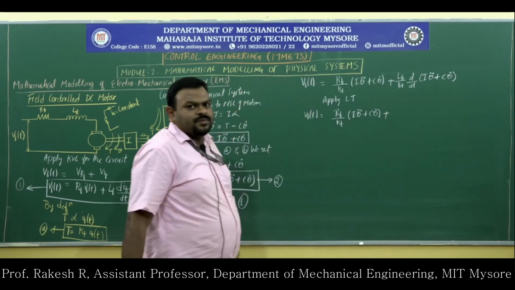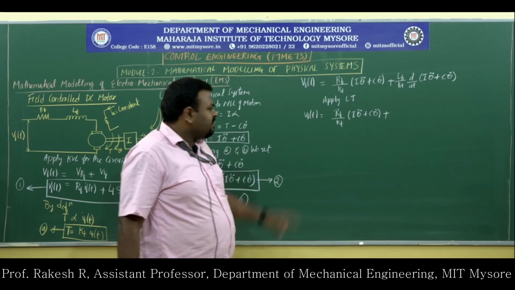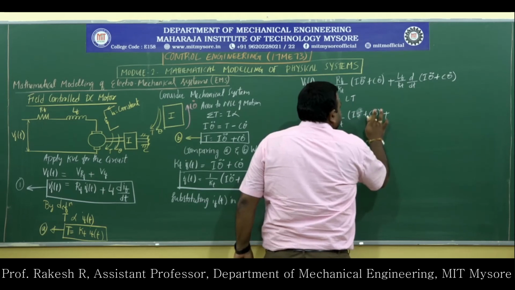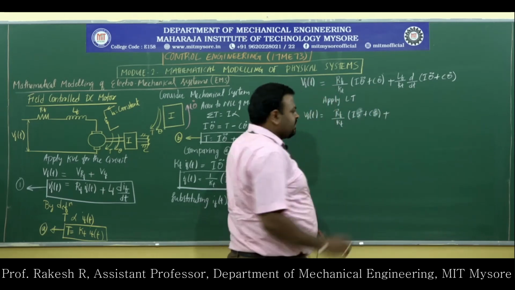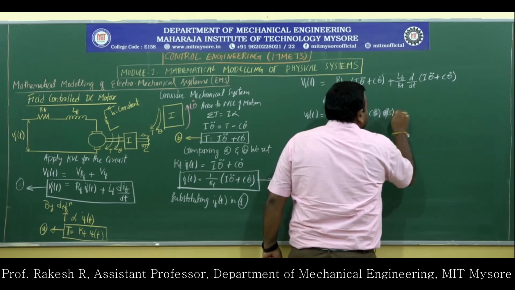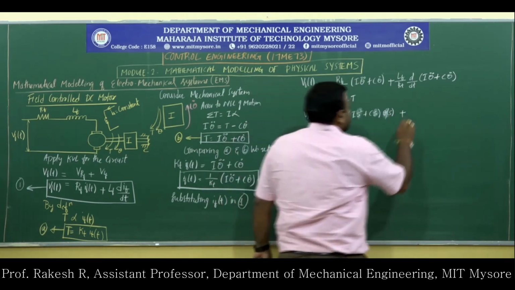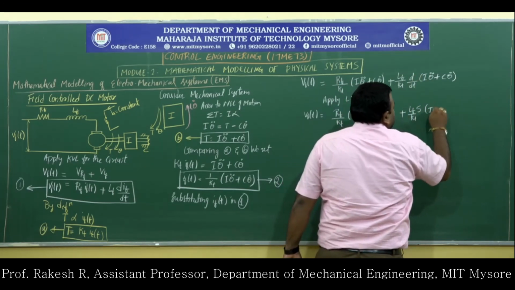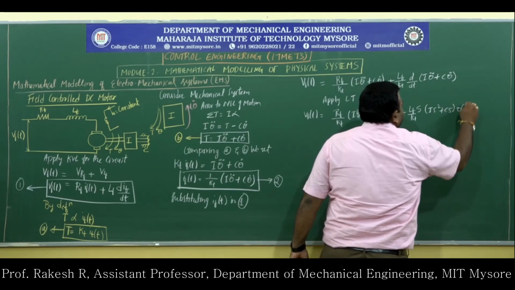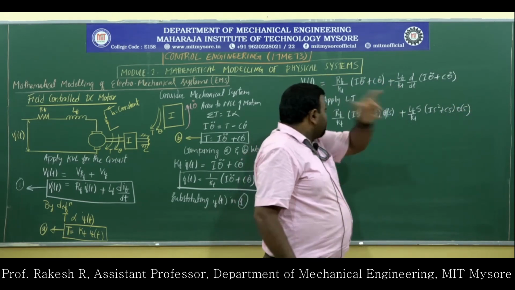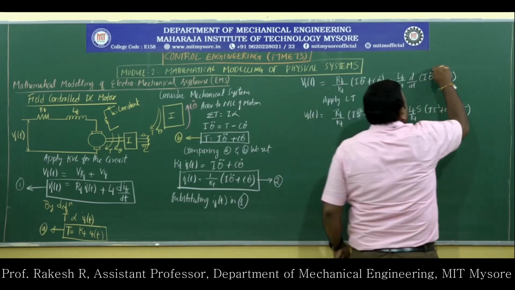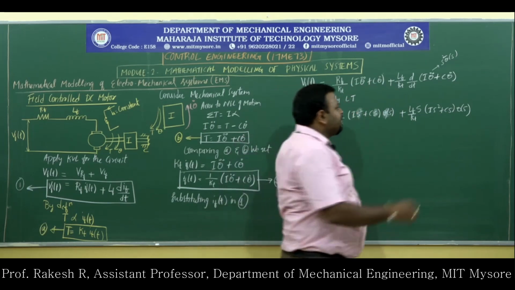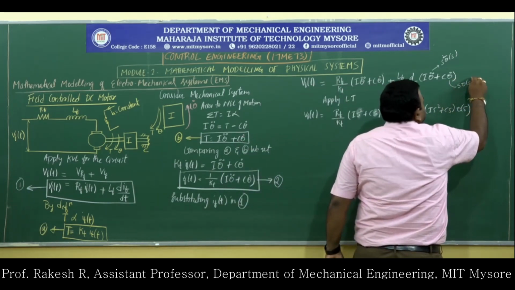Since I have applied Laplace transformation, theta double dot changes to S square and theta dot changes to S into theta of S. Plus the same thing, Lf by Kt; this d by dt will be S, so it is I S square plus C S into theta of S. Again theta double dot is S square into theta of S, since d by dt terms are twice, and for this, S into theta of S.